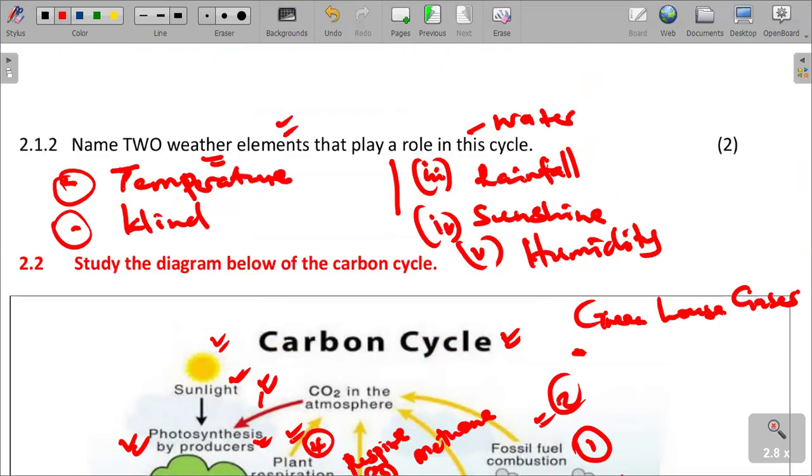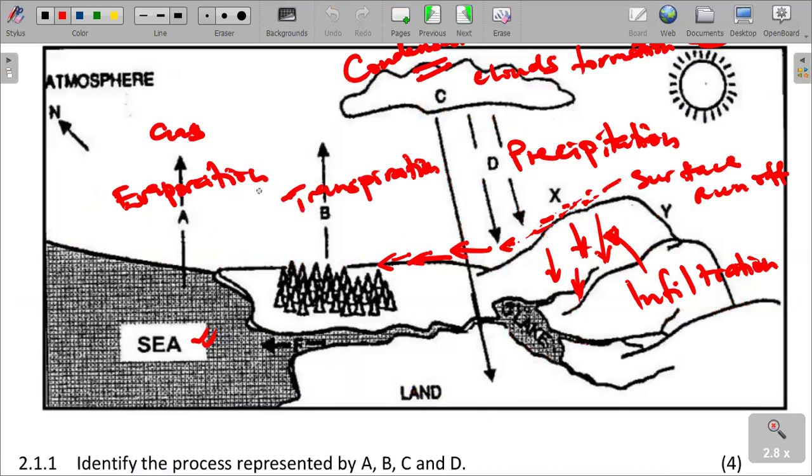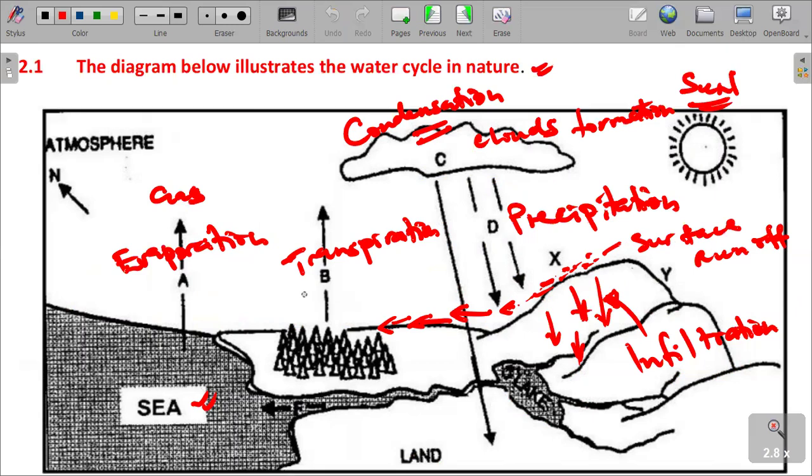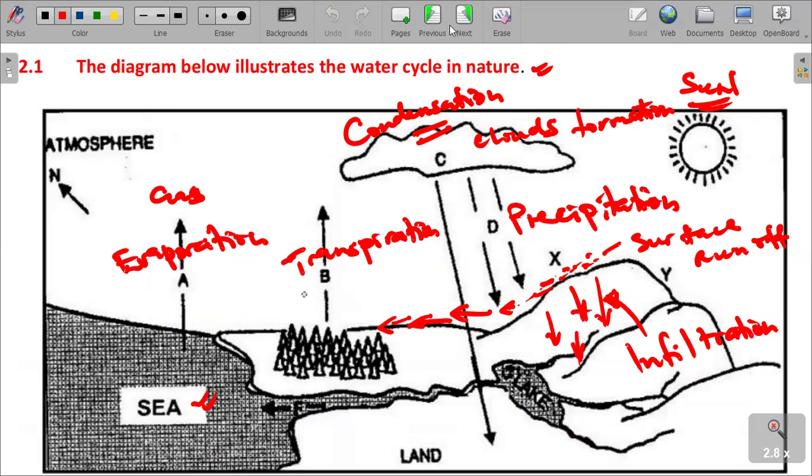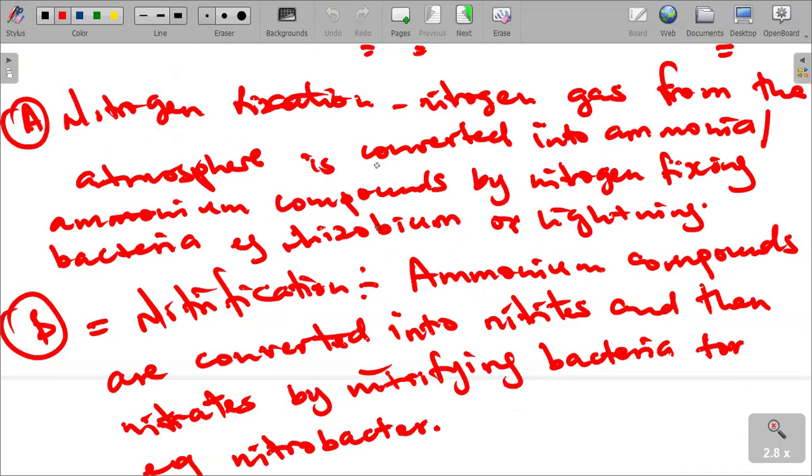We have talked about the water cycle, elements responsible for facilitating the water cycle listed there: temperature, wind, water, rainfall, sunshine, humidity, and the stages or processes that represent the water cycle are also shown in this answer. Thank you very much for your time, class, and all the best in the upcoming exams.